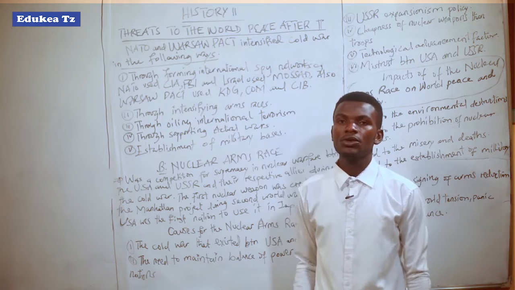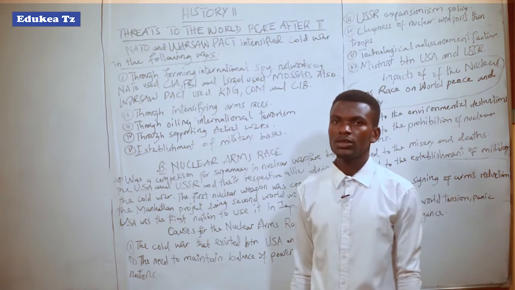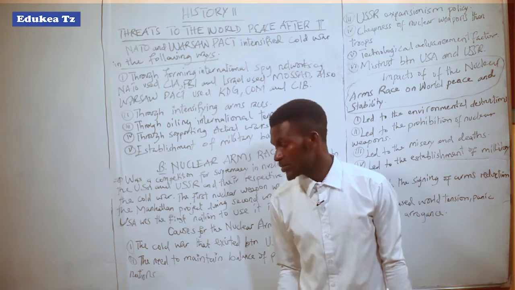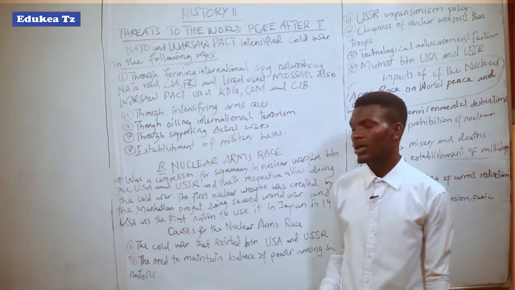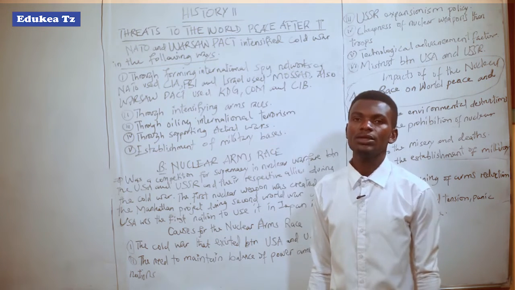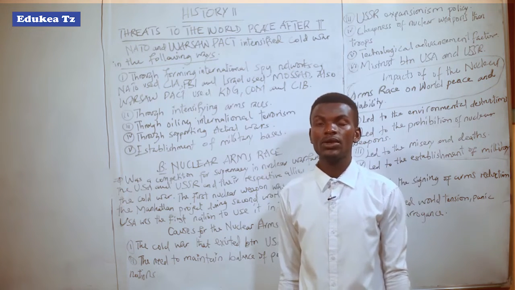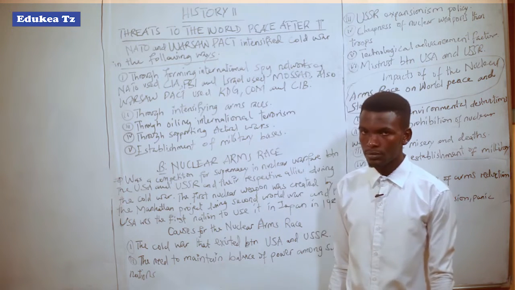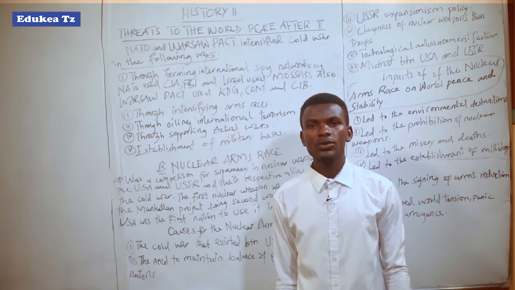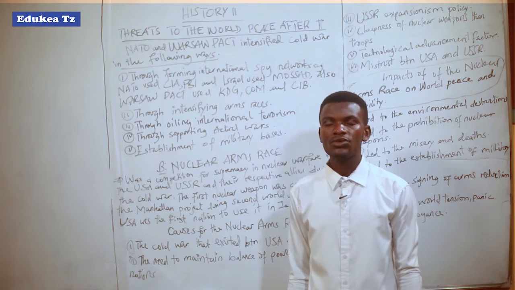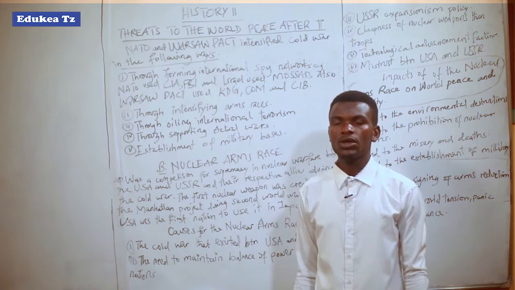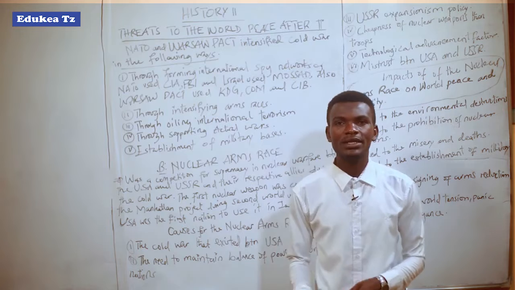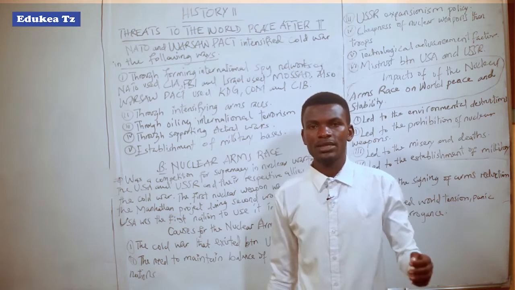It means that no nation wanted another nation to dominate over the other in the nuclear arms race, especially the USA and the USSR. So they were competing in supremacist warfare, whereby the USA wanted to produce deadlier and more dangerous nuclear weapons than Russia, and Russia came up with more developed and advanced nuclear weapons than the USA.